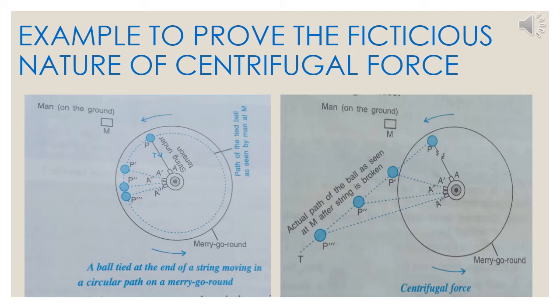For the person at M, the ball moves in a circular path because the tension T in the string provides the centripetal force needed for the circular motion. The person at A observes the ball stationary. He considers the following two forces to act on the ball in order to understand his observations: the tension T of the string towards the center of the merry-go-round and the centrifugal force away from the center.